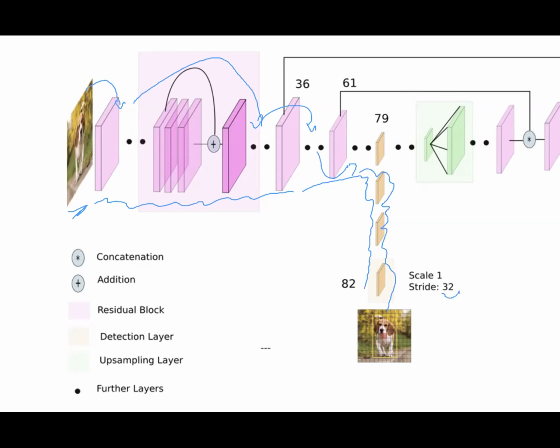What does stride equal to 32 mean? Very simply, that the size of this map is 32 times smaller than the input image.